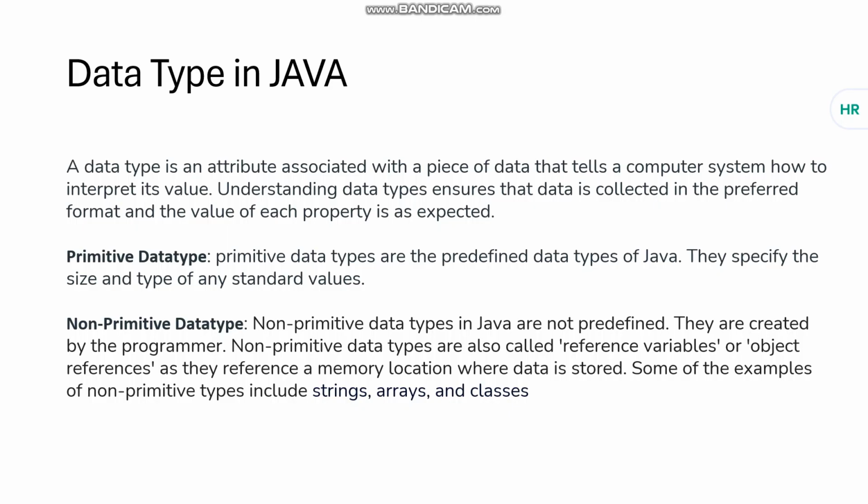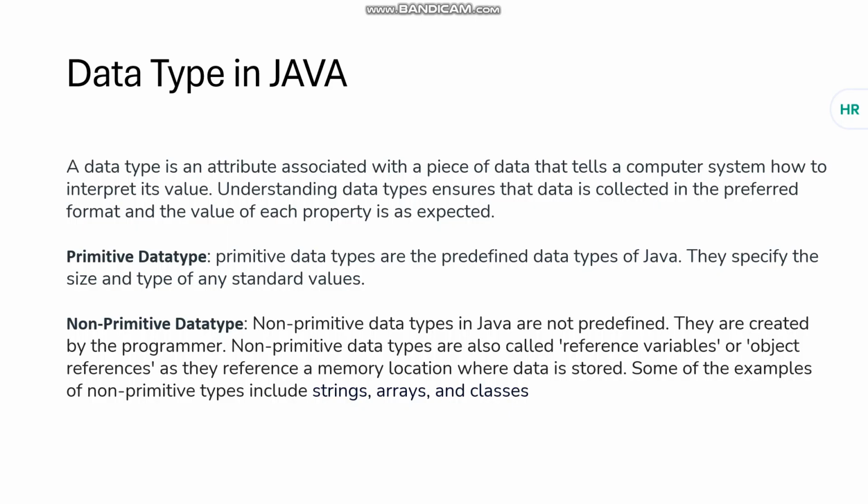As we discussed in the previous video, in Java we treat everything as an object. But primitive data types we do not call objects. These are the exceptions, like int, float, and double. These are not object types.